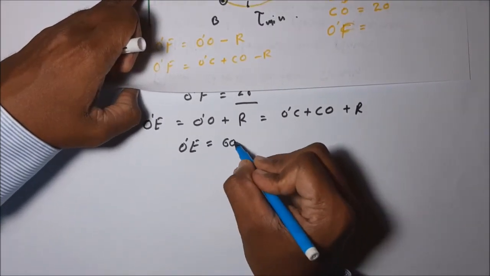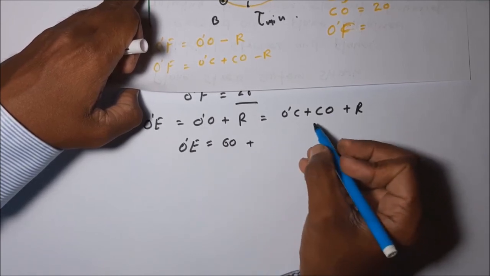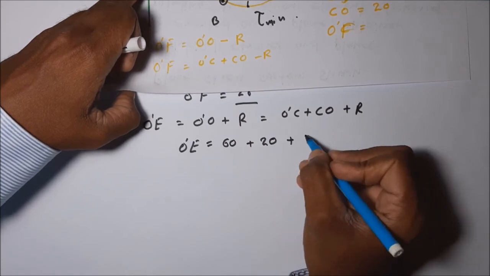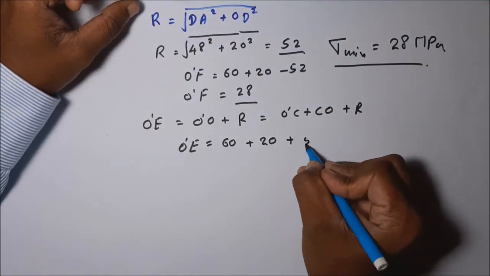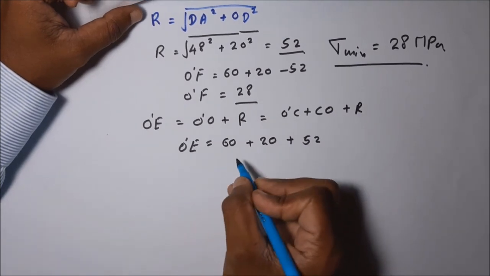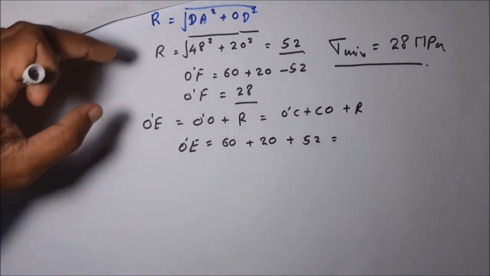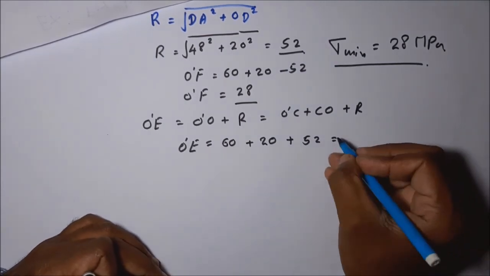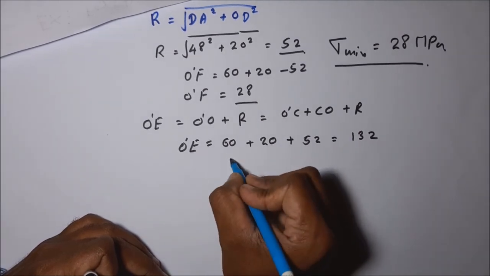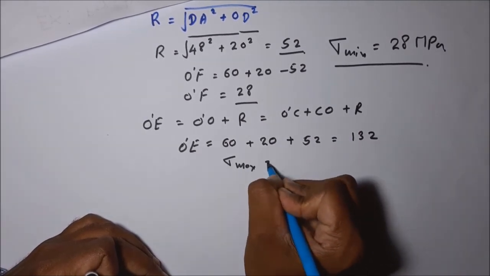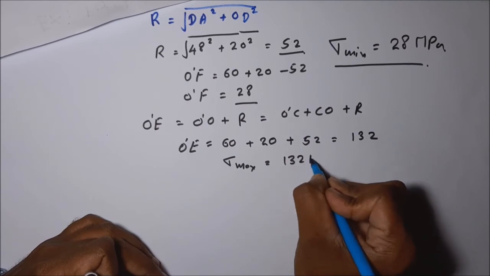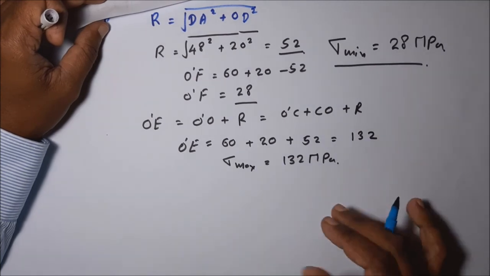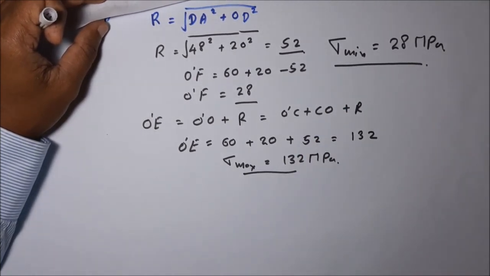It is 60 plus CO is 20, plus R. What is R? We got 52. Then this answer is equal to 80 plus 52, 132. That means sigma maximum value is equal to 132 megapascal. Very easily we can calculate the maximum principal stress and the minimum principal stress.